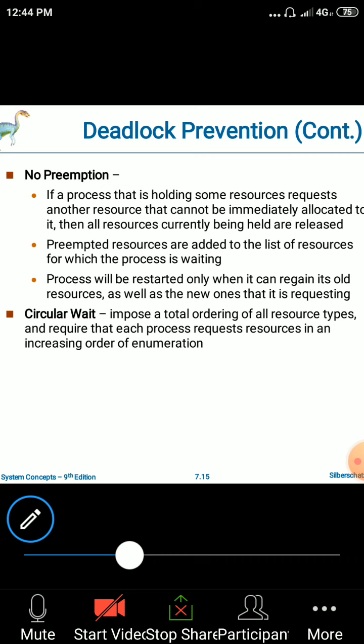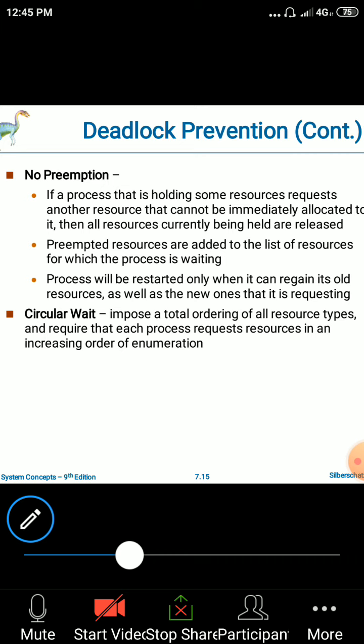Once the printer is allocated to the requesting process, it cannot request the memory or the CPU, because whenever the process requests resources, the integer number is compared, and only when the requested resource number is greater than the previous one is the resource allocated. Otherwise the resource will not be allocated to the requesting process.